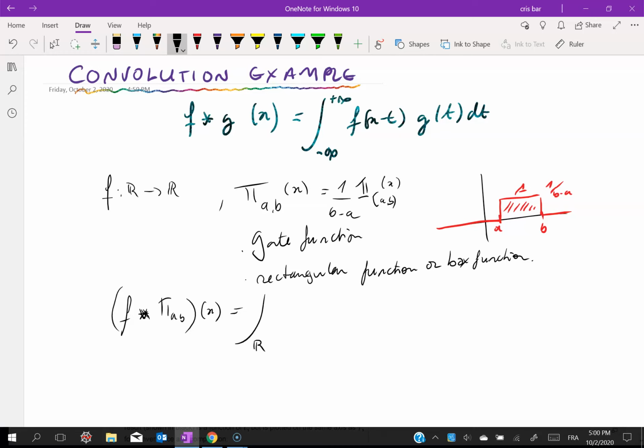Let's write the complete expression: the integral on R of f(x minus t), and g is now my gate function, so I have 1 over b minus a, indicator of the interval [a,b] of t, dt.